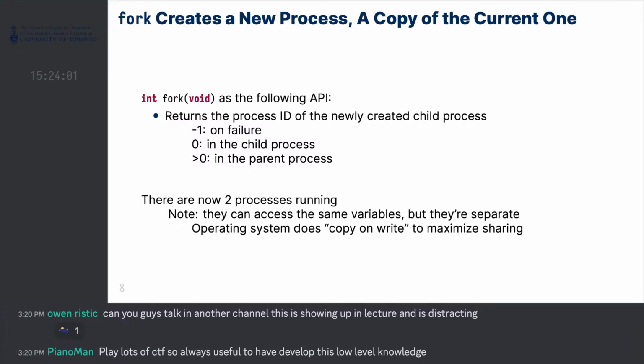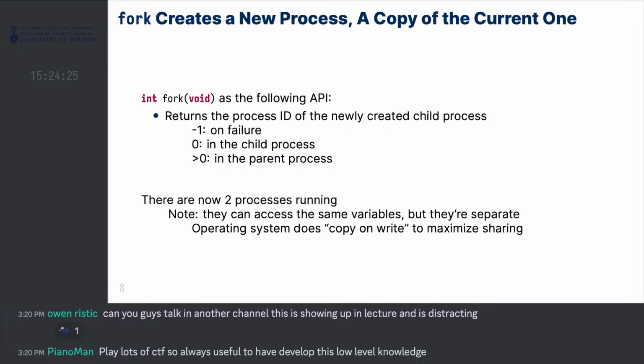Otherwise, if it succeeds, after this fork there will be two processes running: the parent that called the fork, and the child that is a clone of the parent. The only way to differentiate between them is the return value. In the child process, the PID is going to be 0 to represent that this is the child.